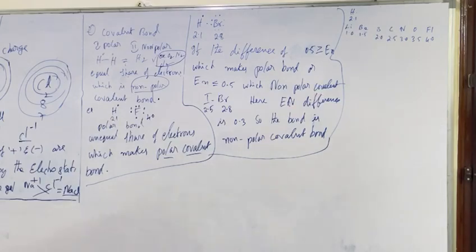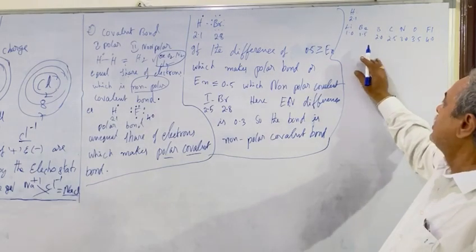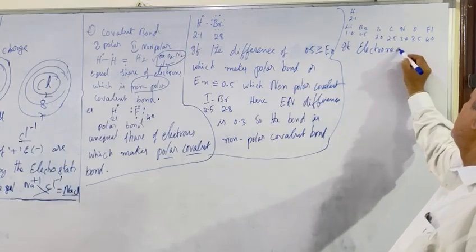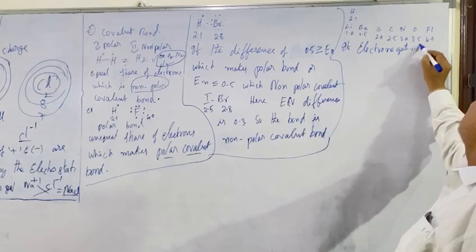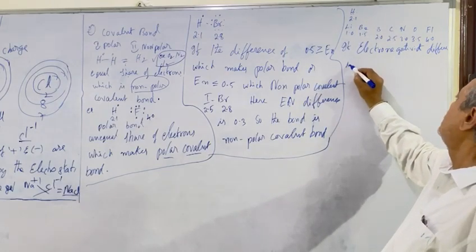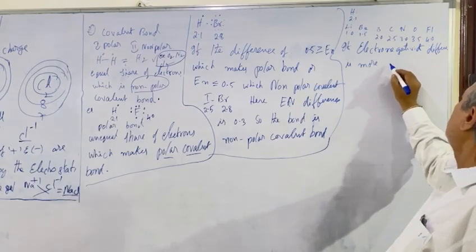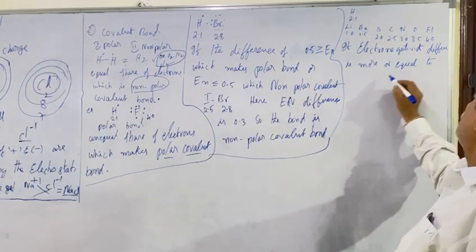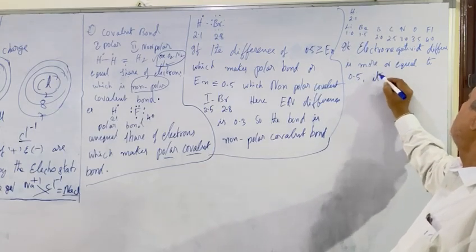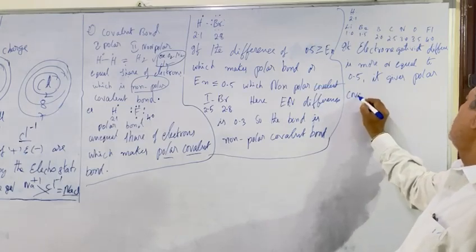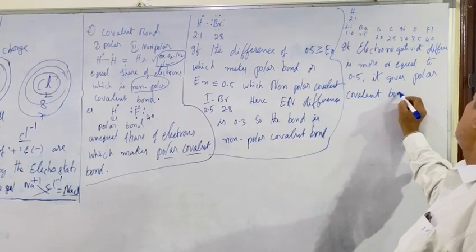These bonds depend upon the electronegativity of the elements. If the electronegativity difference is more than or equal to 0.5, it gives a polar covalent bond.